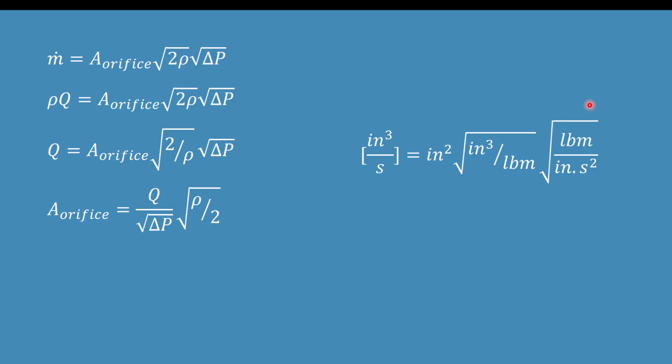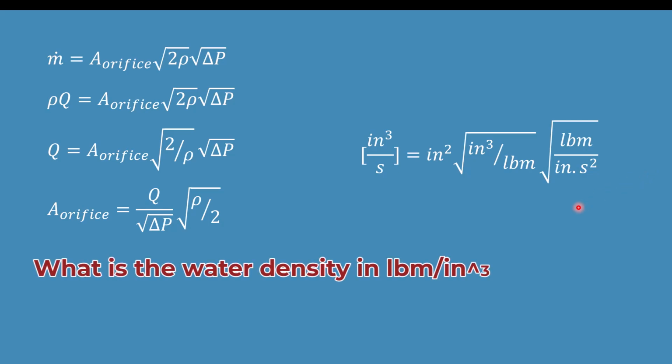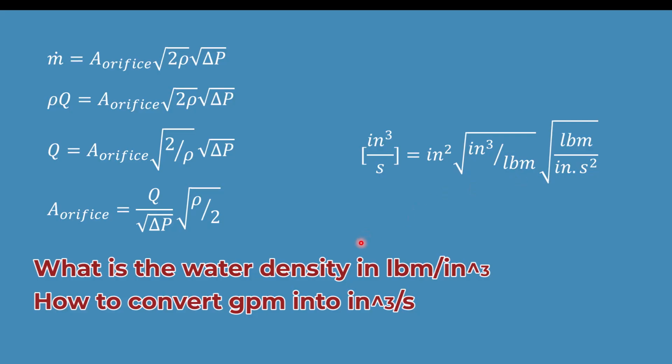But now to be able to use the flow coefficient in this formula, there are three questions to be asked. The first one is, what is the density of water in pound mass per cubic inches? The second question is, how to convert GPM into cubic inches per second?